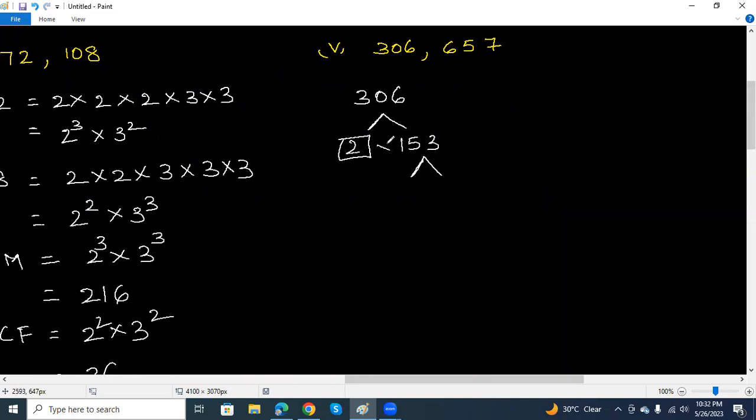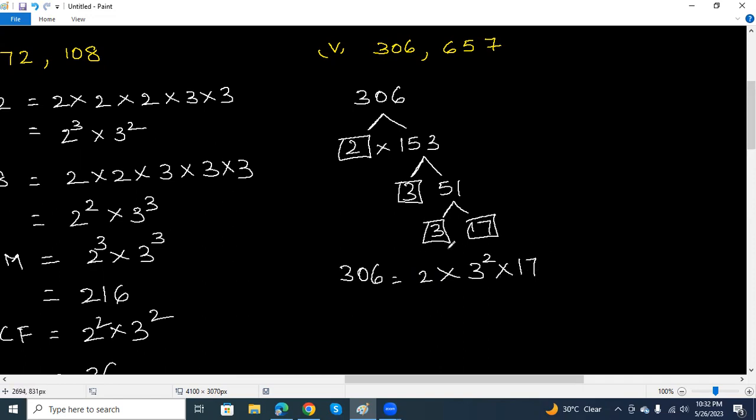This can be written as 3 table. 3 5s are 15, 3 1s are 3. This can be split as 3 7s are 21. So 3 and 17 are primes. So 306 is equal to 2 into 3 multiplied twice into 17. Okay.